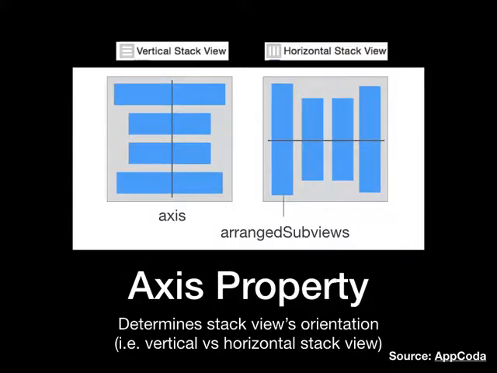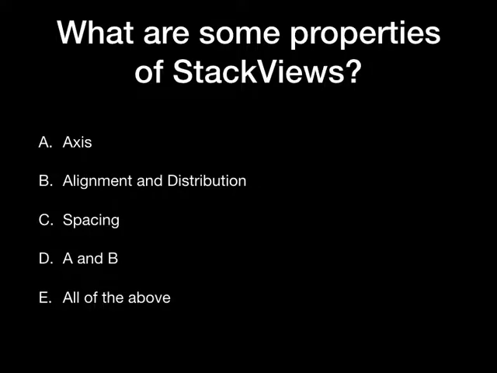Oh yeah. And then the next question is, what are some properties of stack views? Yes, that is correct. So all of these are properties of a stack view, and I'll go over what they all mean.